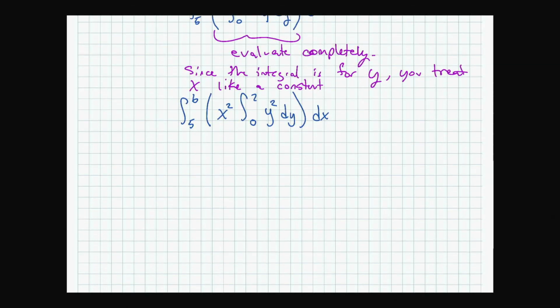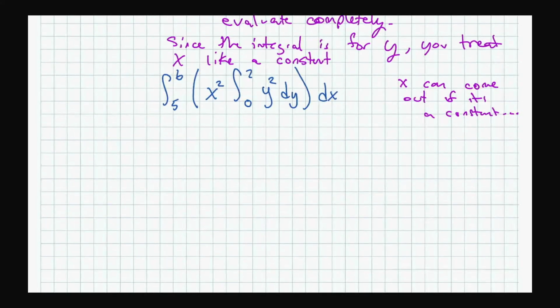So x can come out if it's a constant. It's a constant for the moment. So then we can do this integral here. Okay, so I have the integral from 5 to 6.